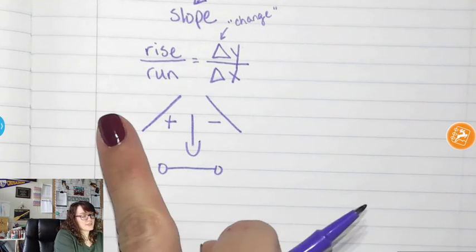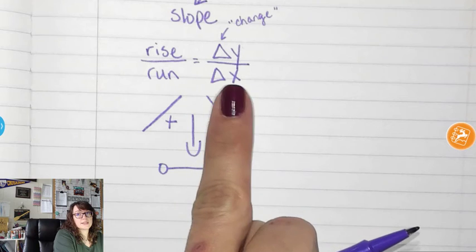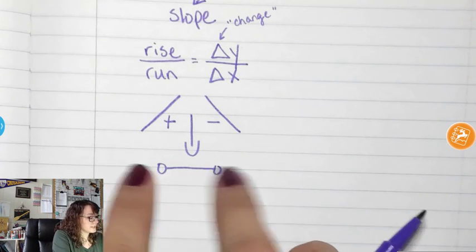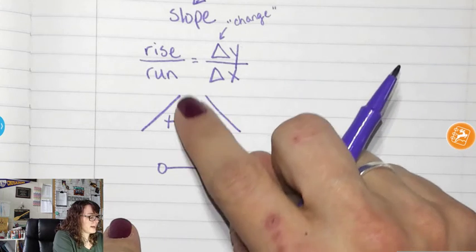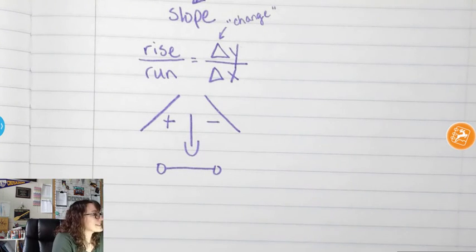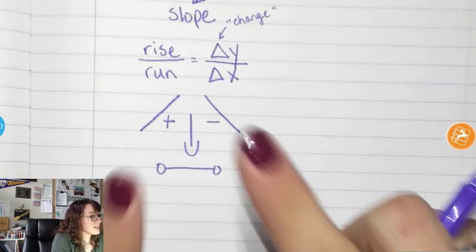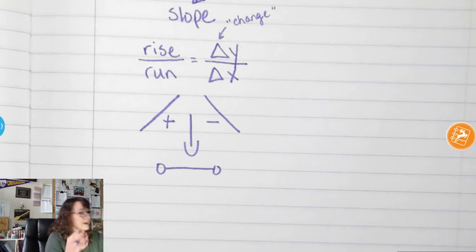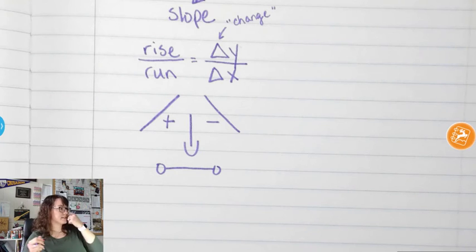So you have your positive slope, negative slope, zero slope because there's zero movement, and then your undefined. When it's undefined, it has to be undefined or does not exist.